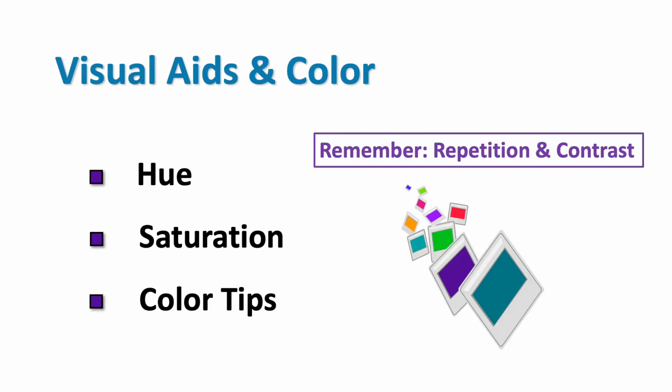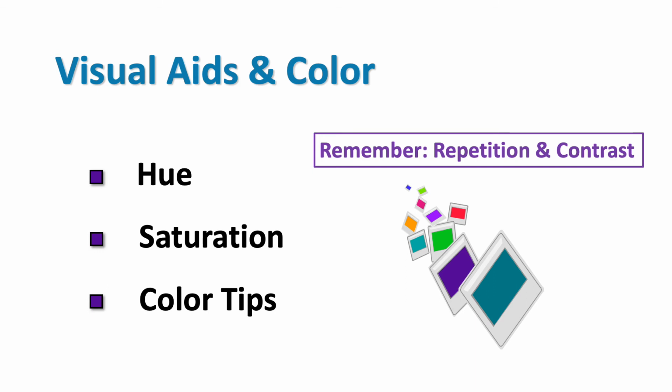When we look at color, we're going to consider hue, saturation, and then some color tips. So keep in mind those principles of repetition and contrast throughout your PowerPoint slides. While I'm thinking about it, just because a template already exists in PowerPoint, it doesn't mean that it's good.